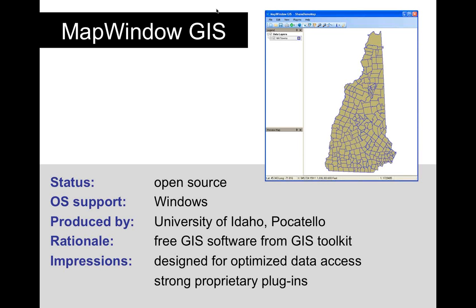And the idea was that they were looking for free GIS software to have a GIS toolkit that they could use that would have lots of very powerful integration with different types of plugins that people could develop, and was also fast. So they wanted it to be optimized for data access, and some of the plugins on Window GIS are pretty slick.